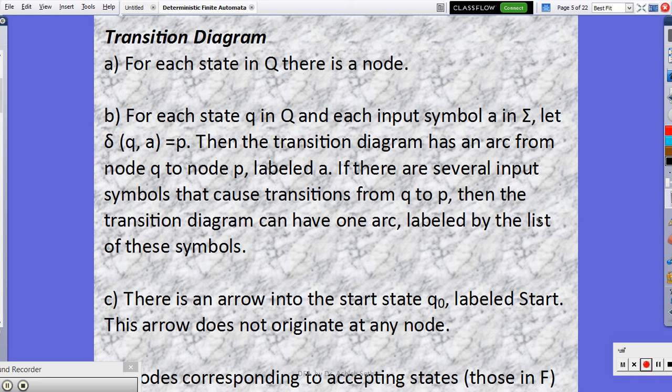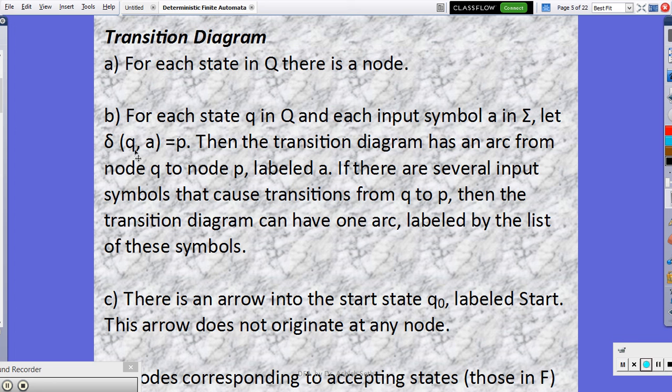For each state Q in the capital Q and each input symbol A in the alphabet set, let the transition function delta of Q comma A equal P. The meaning of this is that for any state Q, when we apply any input A, we are reaching this state P. Now here we have to note that Q and P belong to the set of states in a DFA, and A is an input that belongs to sigma, the alphabet set.